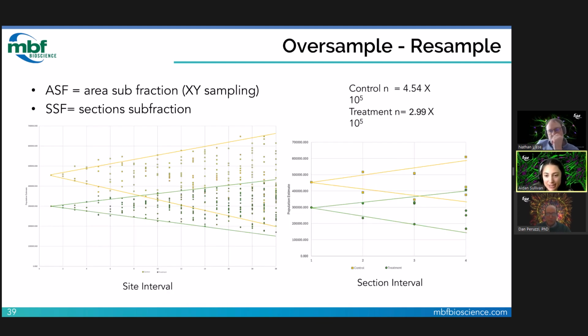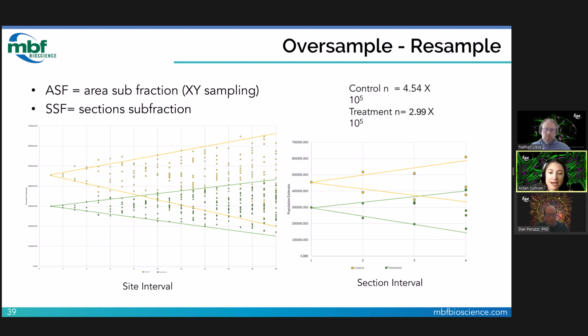So here's what I put together, and you can see I made graphs for both the oversample, resample results for the site intervals and the section intervals. I have also done this for both my control animal shown in yellow and my treatment animal shown in green. And let's look at the site interval graph first.